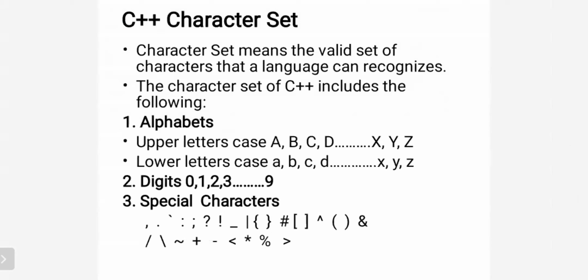Clear, students? What are all the character sets we use in C++? Alphabets, digits, and special characters. Alphabets means either uppercase or lowercase letters from A to Z. Digits are 0 to 9, and special characters, for example plus, minus, less than, greater than, modulus, star, brackets, parentheses, braces, full stop, semicolon, colon, question mark, exclamation mark, all these except the alphabets and digits.